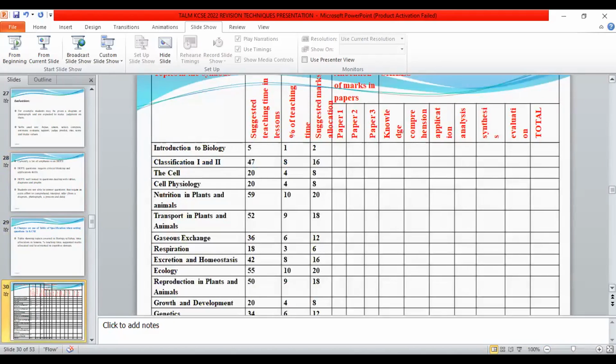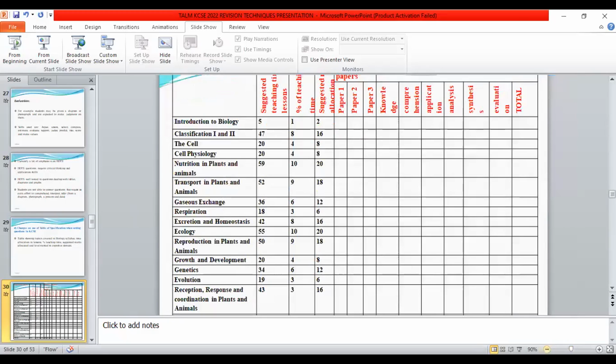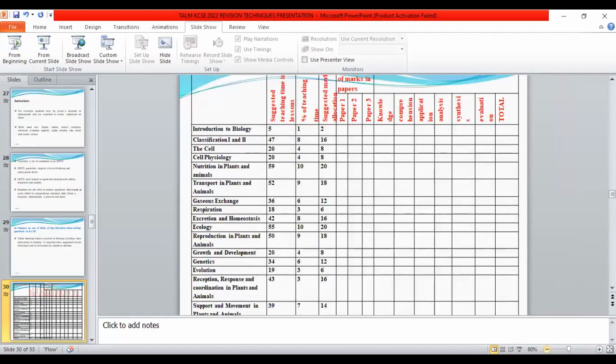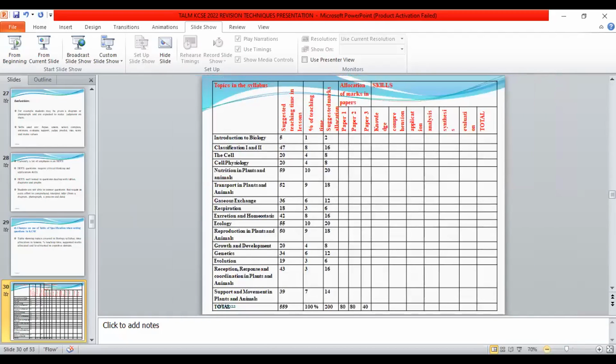Similarly, when it comes to the skills, as we set those questions, we need to check how many questions and how many marks are testing the knowledge level, comprehension level, application level, analysis, synthesis, and evaluation. What we are seeing today starts with us teachers. When we are setting our exams, let us take time and check the levels that we are testing.